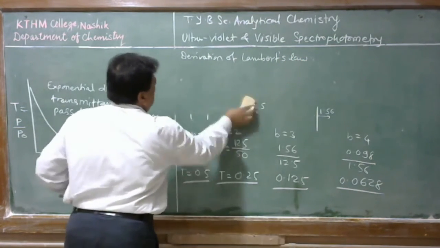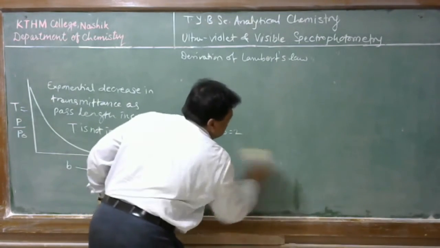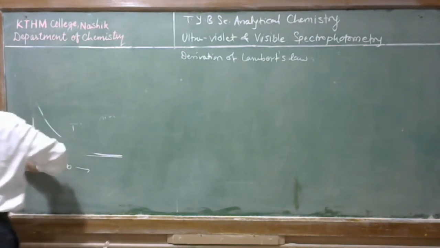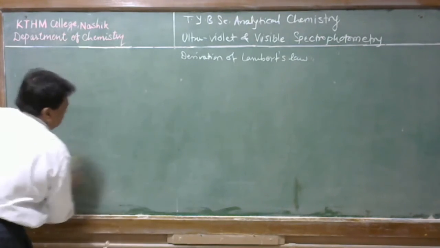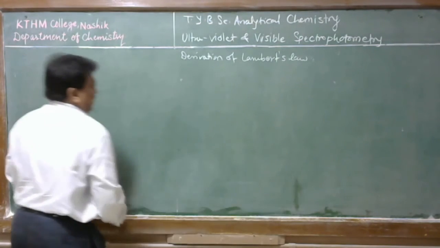According to Lambert's law, when a beam of monochromatic light is allowed to pass through a transparent medium, the rate of decrease of radiant power with the thickness of the medium is directly proportional to the incident radiant power.